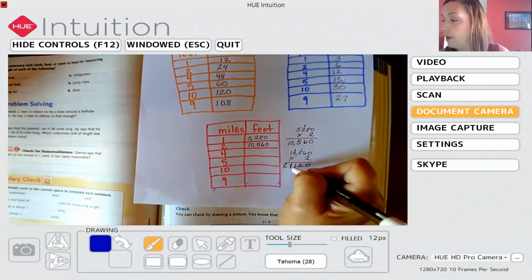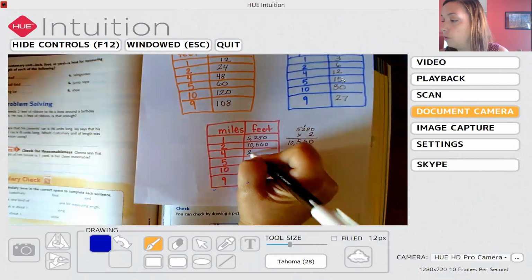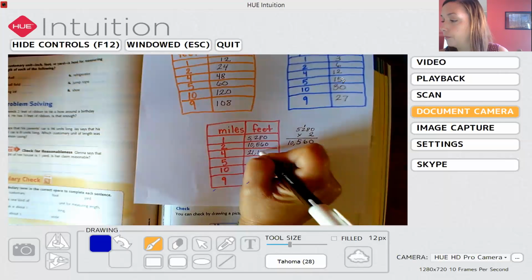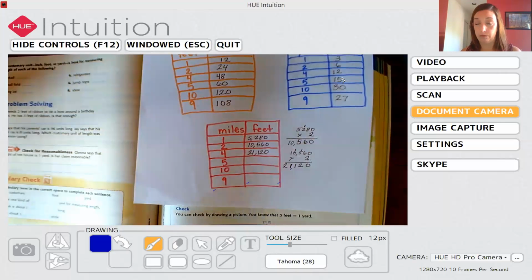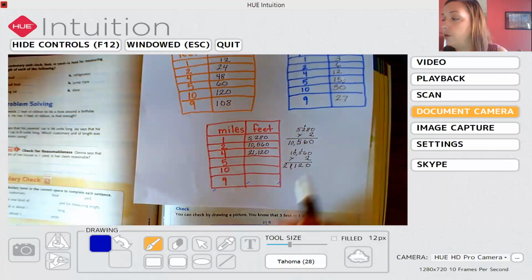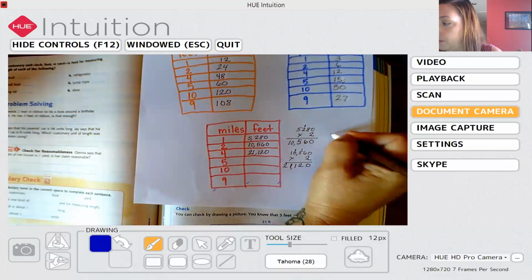So that's 21,120, okay? Now, if I have 5 miles, now what I can do is I can say, well, 4 miles is 21,120.